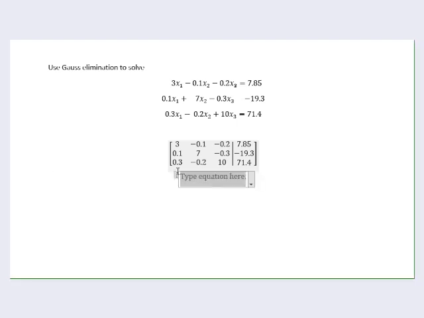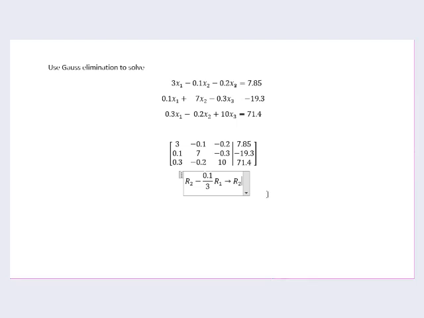I'll multiply the first row by 0.1 divided by 3, subtract it from the second row, and whatever result I get, I'll replace it in the second row.